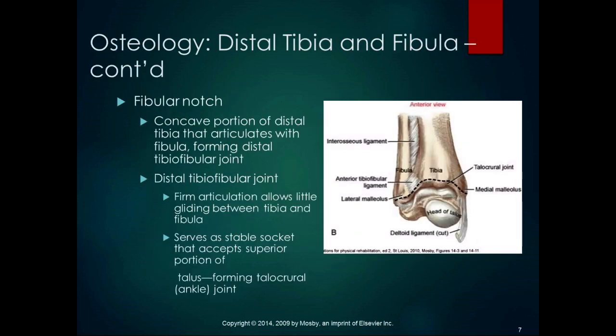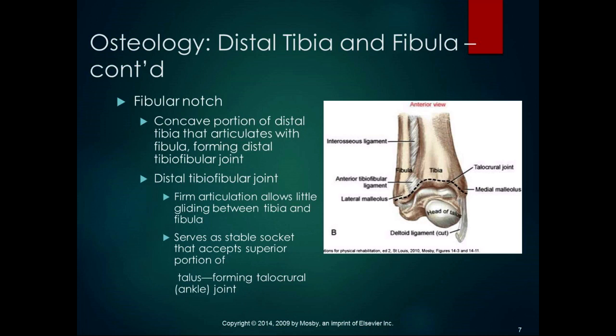So the fibular notch is on the tibia. So it's where the tibia articulates with the fibula. When we were talking about the proximal tibia and fibula at the knee, the tibial notch is on the fibula and the fibular notch is on the tibia. So that's the specific place on the tibia where the fibula articulates. It's concave on the tibia and convex on the fibula.